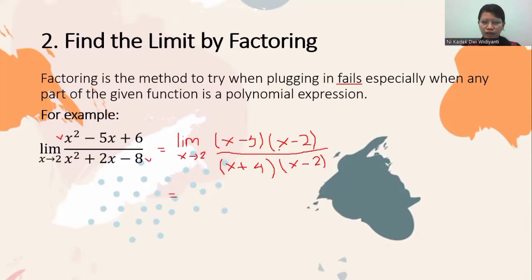The x minus 2 in the numerator can cancel with the x minus 2 in the denominator. So we cancel, and now we get the limit of x minus 3 divided by x plus 4 as x approaches 2.